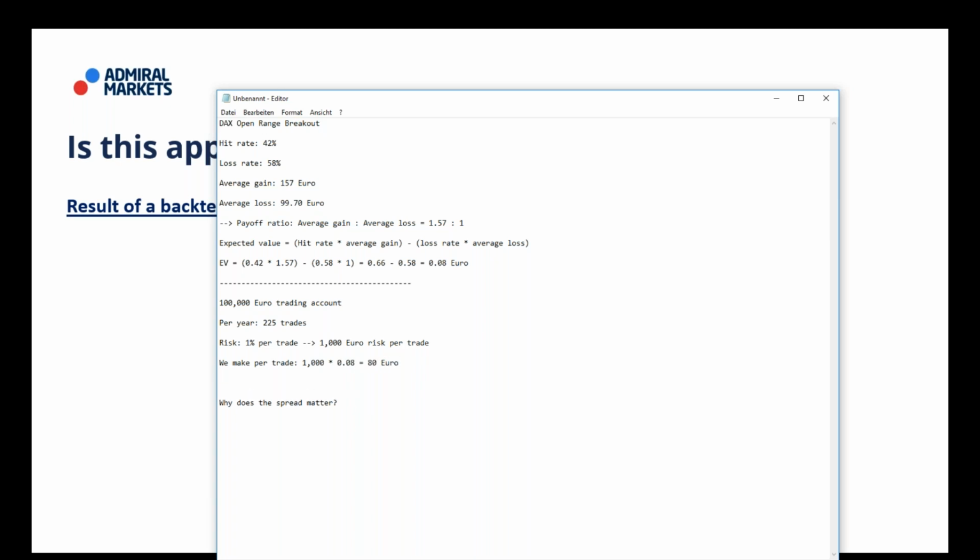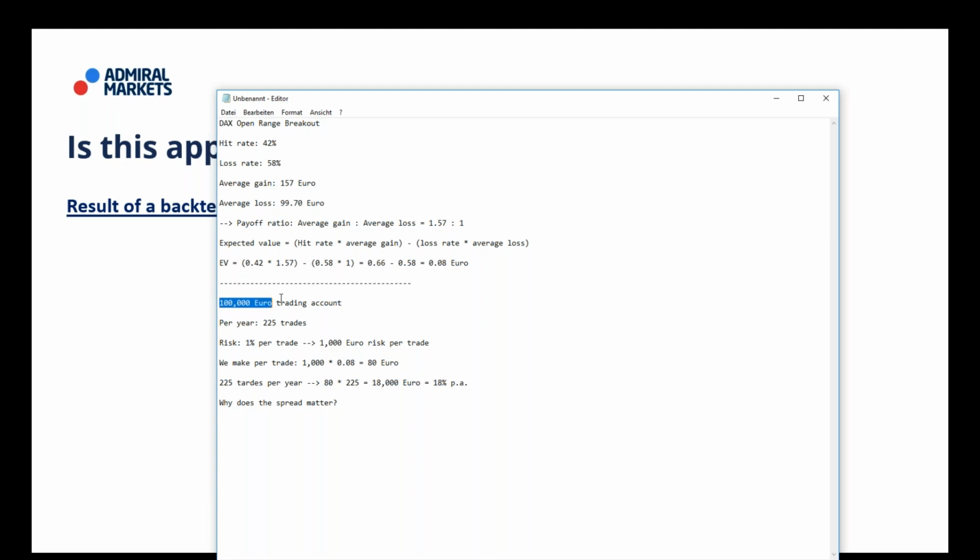Then we have 225 trades per year, which means we make 80 multiplied with 225, or 18,000 euro, which equals 18% per year.